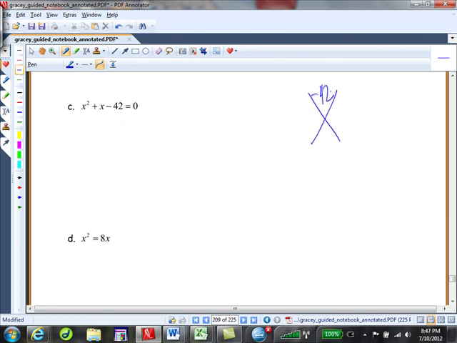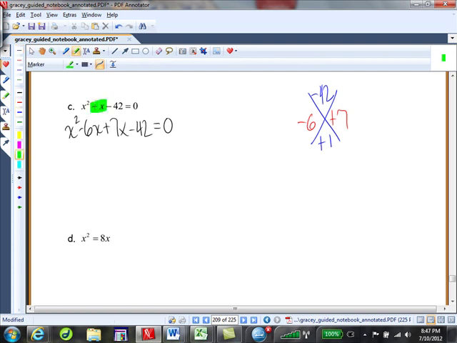There's an overall product of -42. A difference of +1. The two numbers that fit the bill are -6 and +7. I'm going to factor by grouping. We will get x squared minus 6x's plus 7x's minus 42 equals 0.